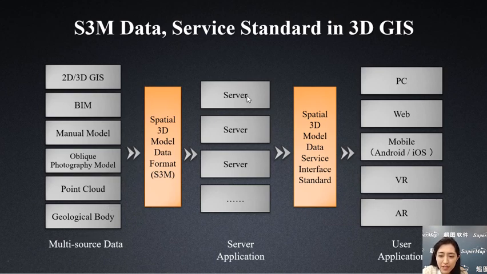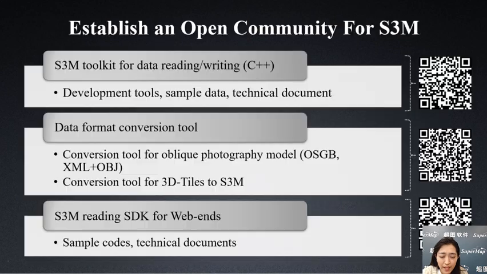S3M is suitable for data transmission, exchange, and high performance visualization of massive multi-source 3D geospatial data in network and offline environments, as well as meeting different terminals like mobile, PC, web, VR, and AR, for browsing 3D geographic information system applications on these terminals.